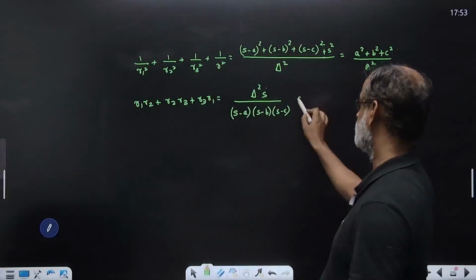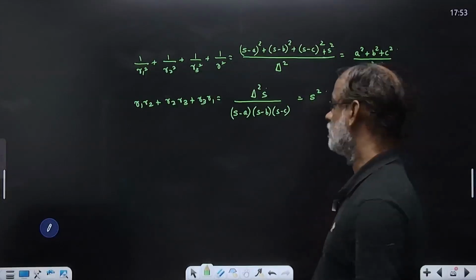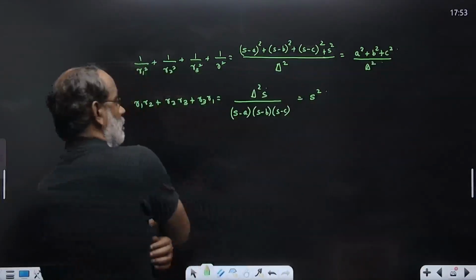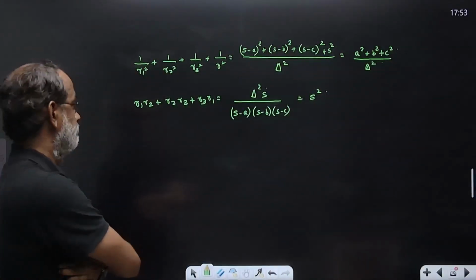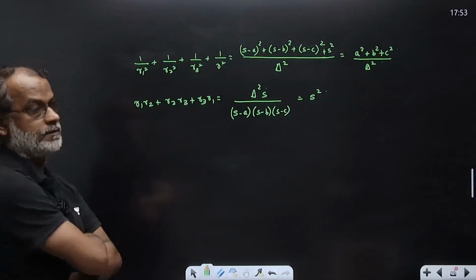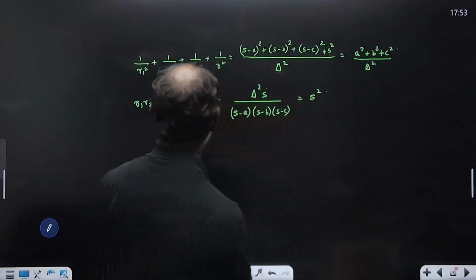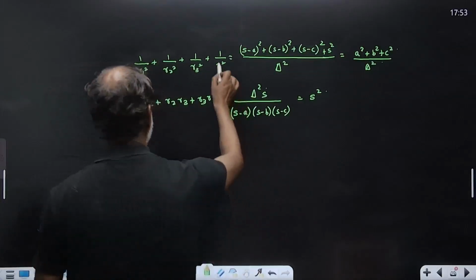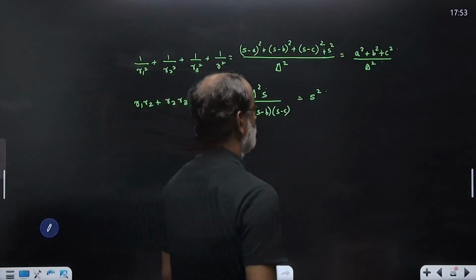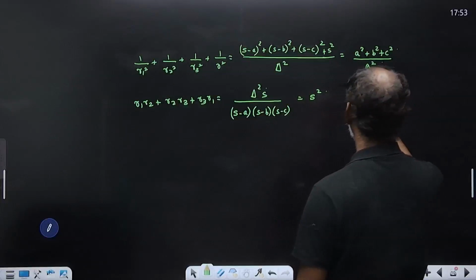So, this is S square. Okay, we would have found S directly. Okay, anyways, this is S square. Now, from these calculations, 1 by R1 square, delta square we are aware.